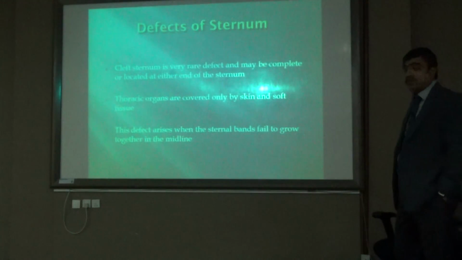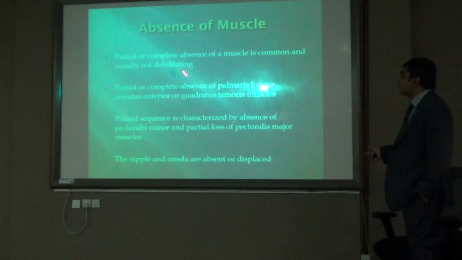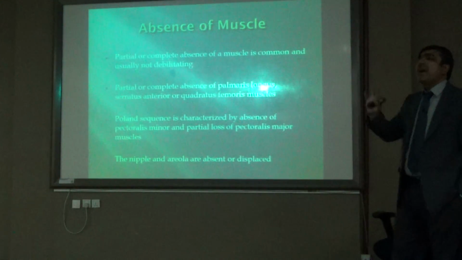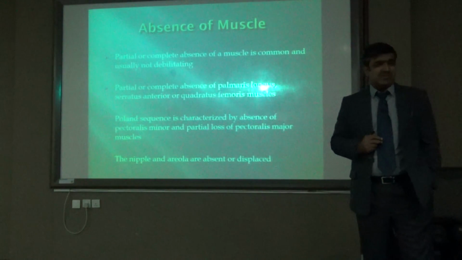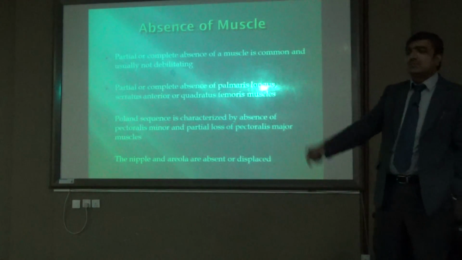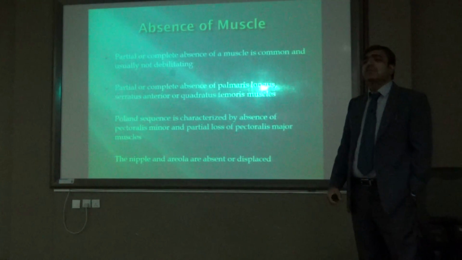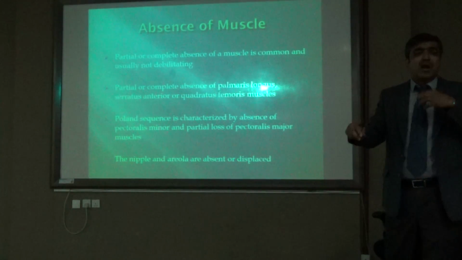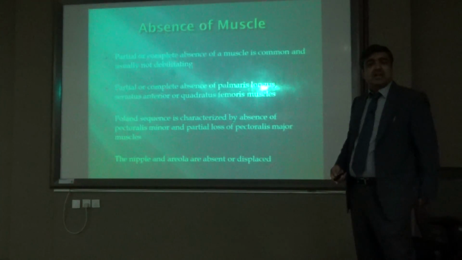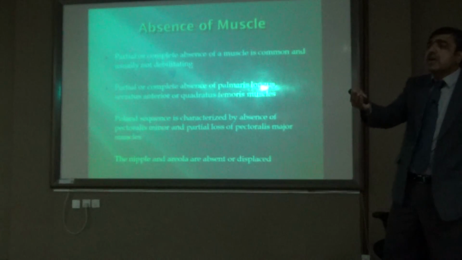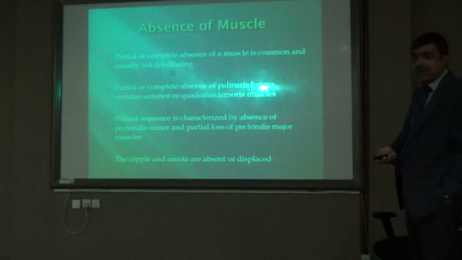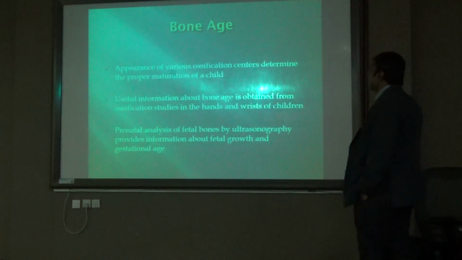There is no sternum sometimes. Absence of muscles: some of the muscles I have mentioned here might be absent due to developmental defects. Either the mother took some medicine, or some pressure effects occur, or some area's blood supply is impinged during development.